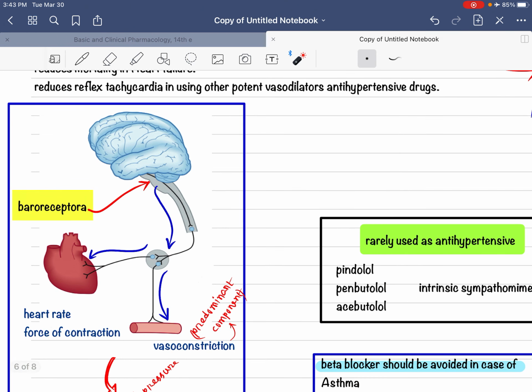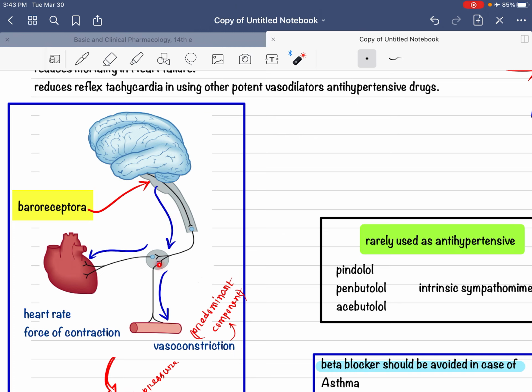whenever you look at the baroreceptor reflex, at first, when your blood pressure falls, the baroreceptor detects it and sends a signal to the vasomotor centers located in the medulla. Then the medulla sends a signal to the sympathetic ganglia.